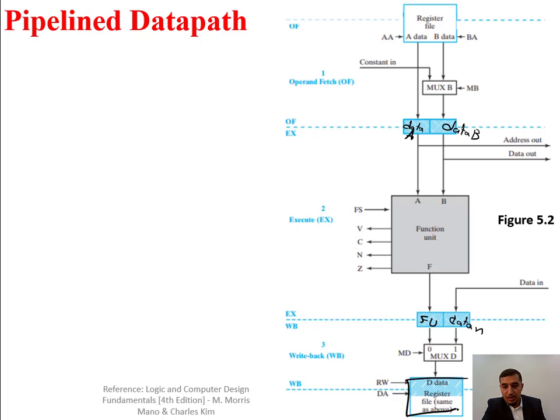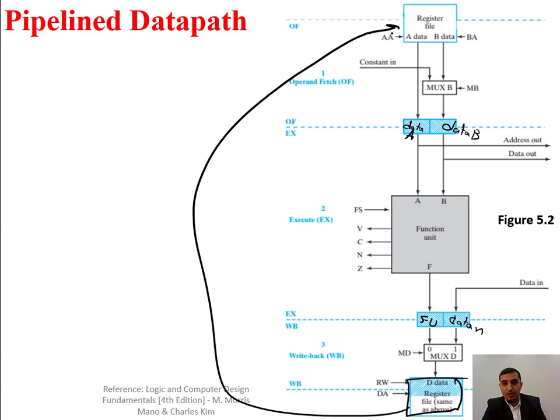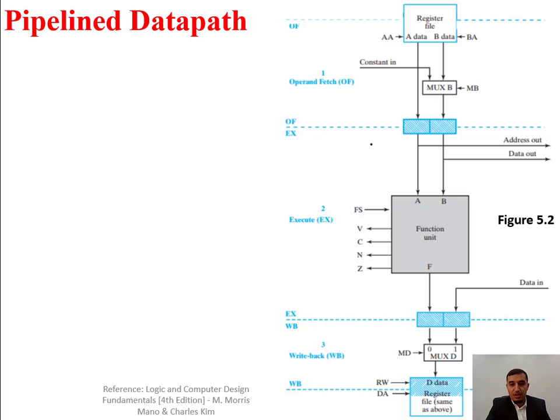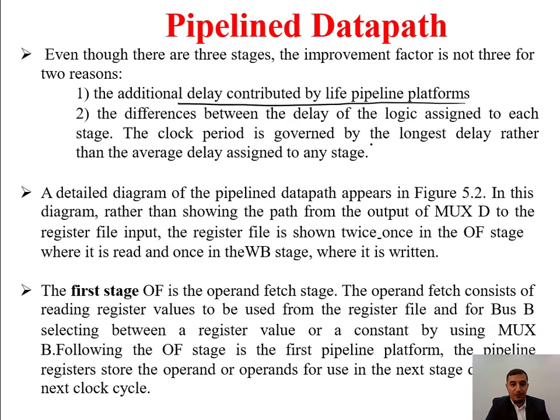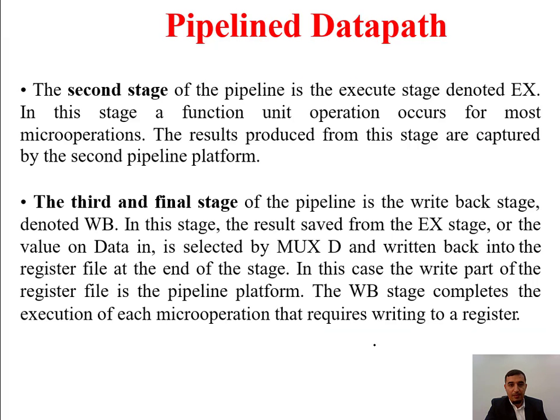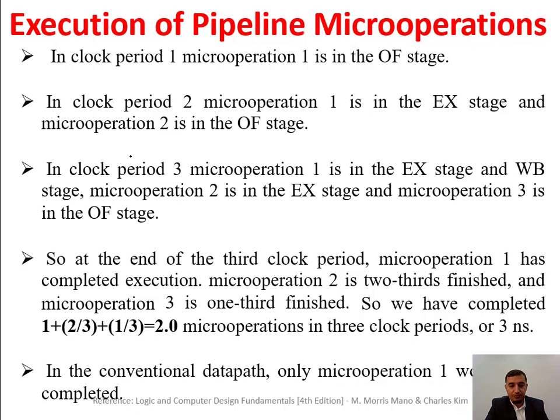We have done 2 register files instead of having the line, to make things easier. So now you can see the full pipeline in full detail. The first stage is the operand fetch, the second stage is the execute, and the third stage is the write back stage.